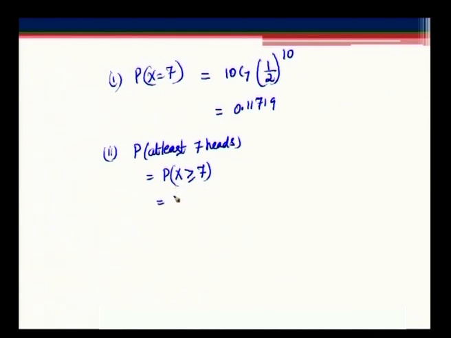P of x greater than or equal to 7 means P of x is equal to 7 plus P of x is equal to 8 plus P of x is equal to 9 plus P of x is equal to 10. Okay.